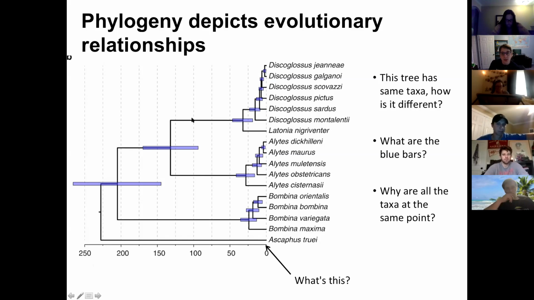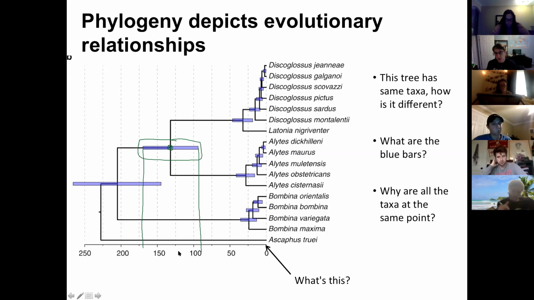And so in this case, they're showing you ranges of error with the purple or blue bars, however you see that on your computer. And they're showing you that this lineage, here, let me annotate where I'm talking about so that we're clear. So if we look at this lineage split here, they're saying that this could be anywhere from about 200 million years ago to about 110 million years, no, 90 million years ago, sorry.